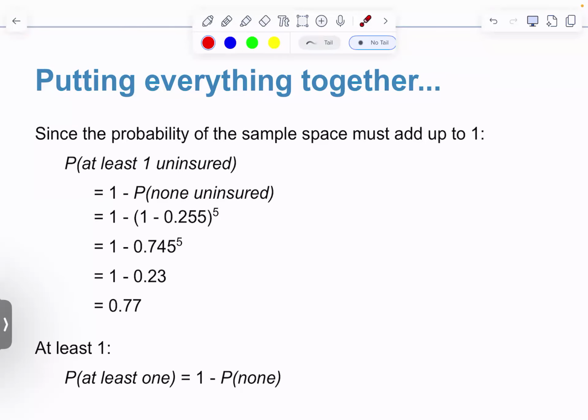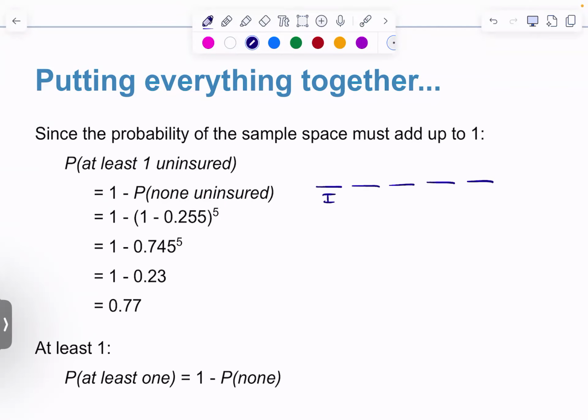It's all in the slide so I don't write it all out. So the probability that at least one is uninsured becomes 1 minus the probability that none are uninsured. And so what does that look like? 1, 2, 3, 4, 5 Texans.